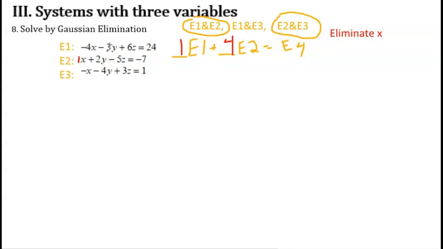So when you multiply an equation by a scalar, you need to multiply everything, both sides, even the constant on the other side. So we'll go ahead and write that out. So we have 1 times our first equation and then we have 4 times our second equation.